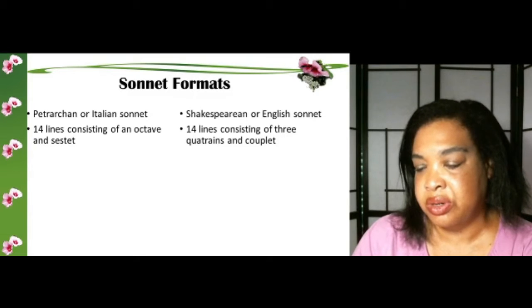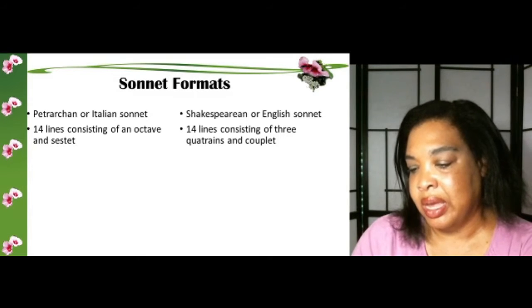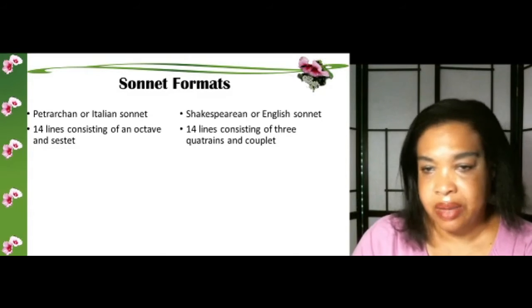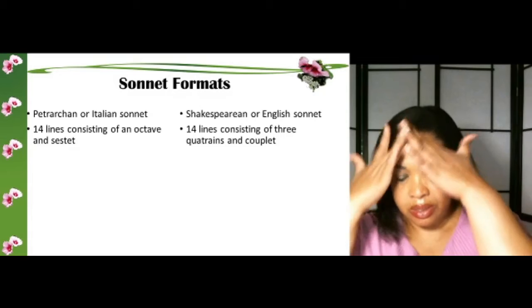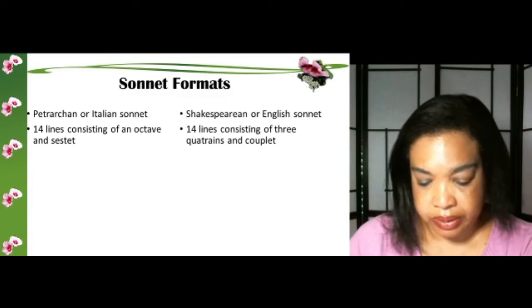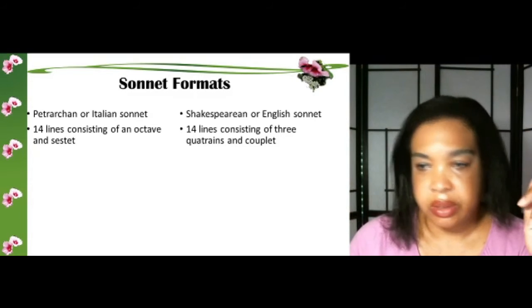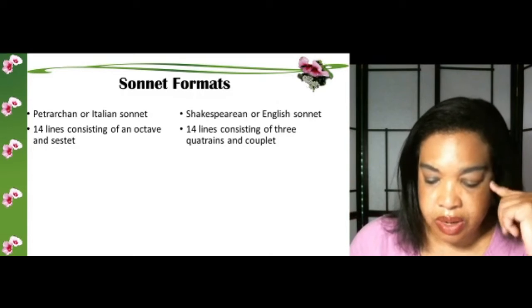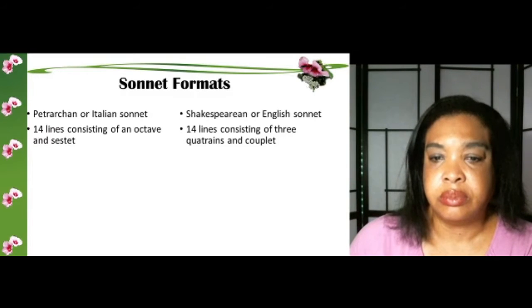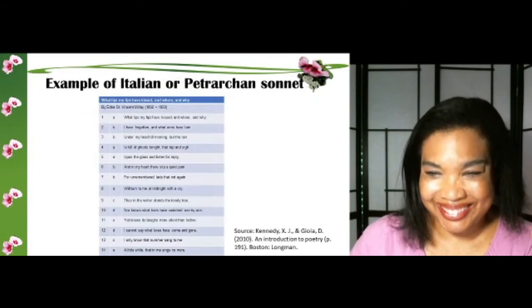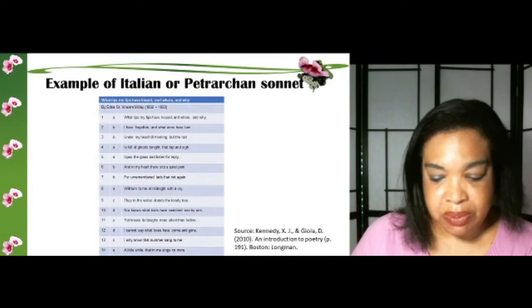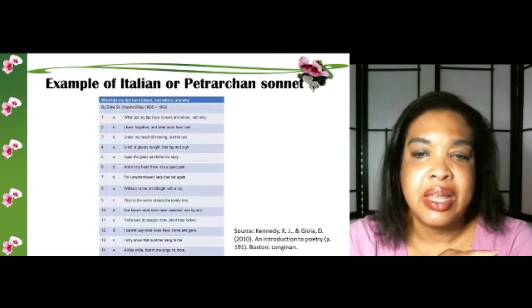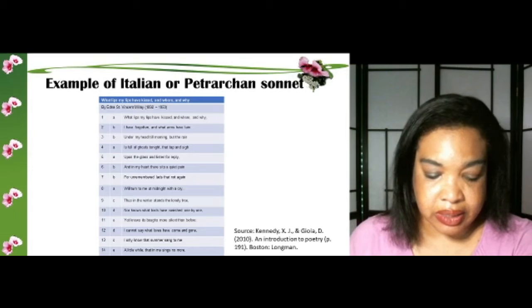The quatrains are usually in a rhyme scheme of like A B A B, C D C D, E F E F. You get the idea. And then the couplet could be G G, 2 lines.